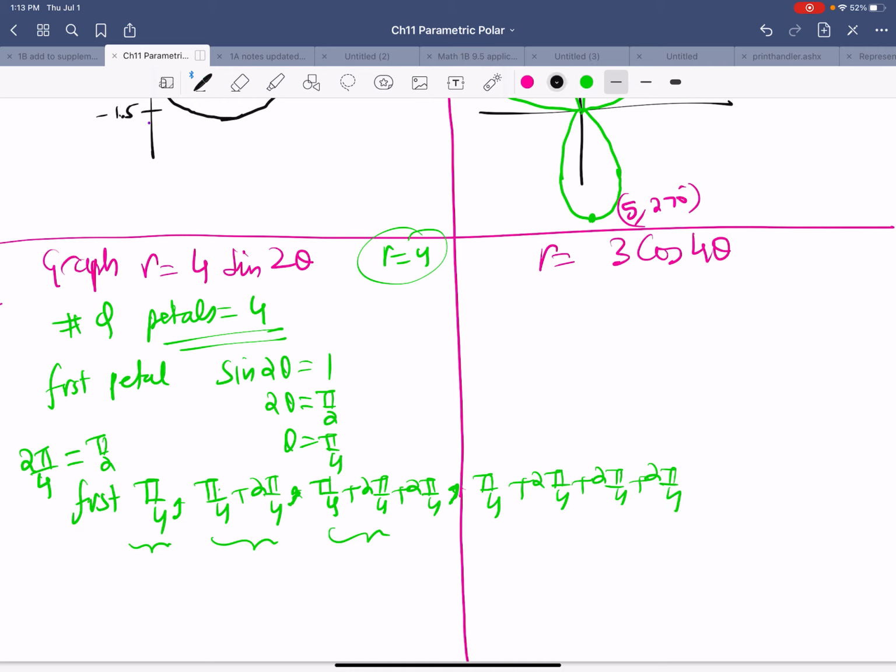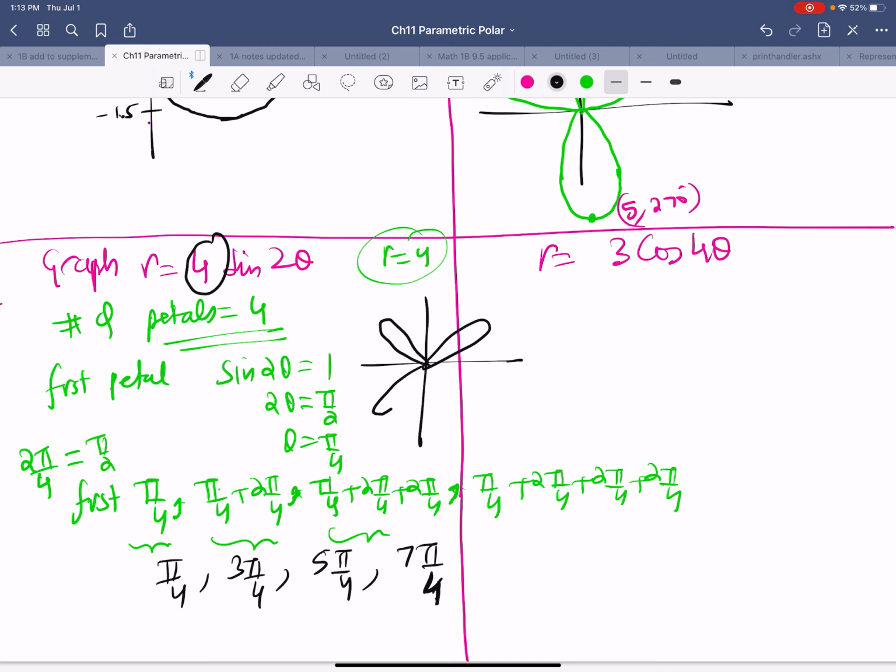So the first petal is around pi over 4, the second is 3 pi over 4, the third is 5 pi over 4, and the fourth is 7 pi over 4. If you want to stay in terms of radians, you can get the petals in terms of radians as well, or in terms of degrees, whatever is convenient or easier for you, or whatever type of graph you're given. These are the locations of my petals, and my radius is going to be 4. So this is going to be a curve that looks like this. These are the angles, and the radius is 4.